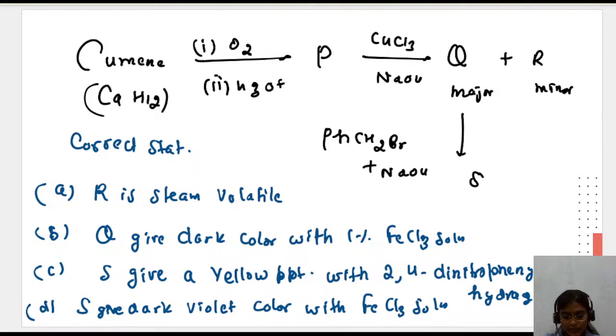You know what is steam volatile, I want to explain to you. I guess we discussed this point, where we are having a steam volatile and in which case we are not having, right? If you remember.